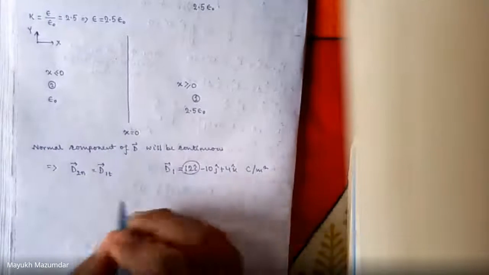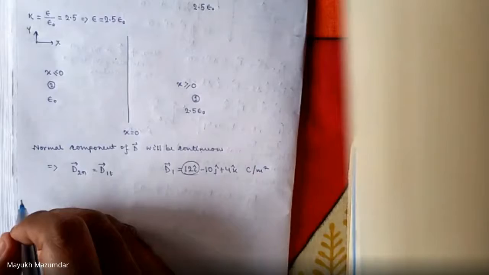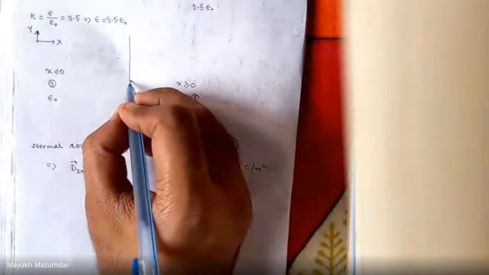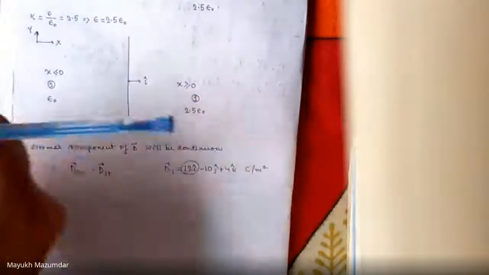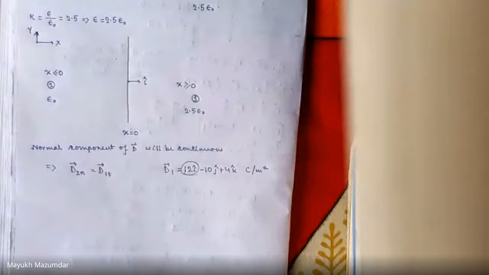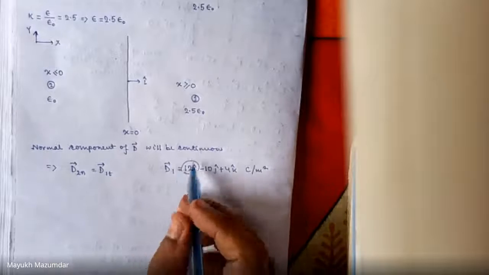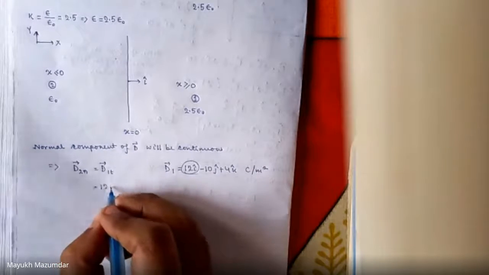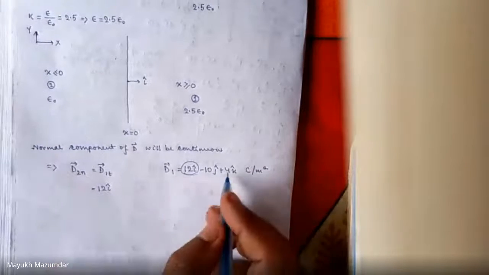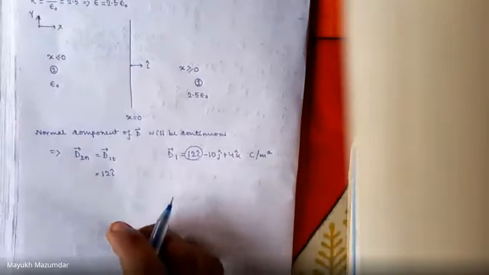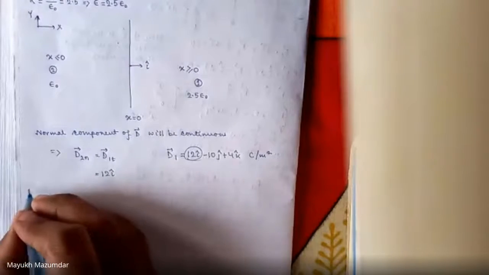This one. Why? I cap means along the direction of x. Yes, sir. So the normal component is 12 i cap. The remaining would be the tangential components.